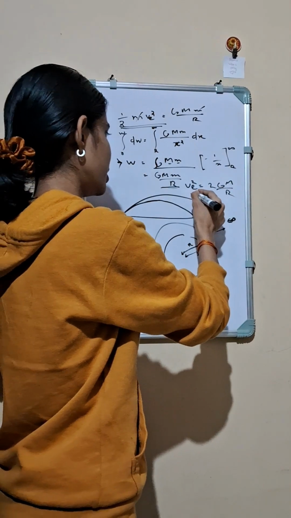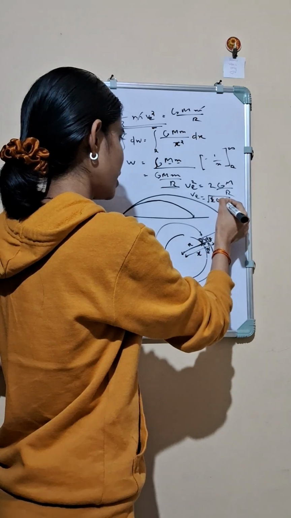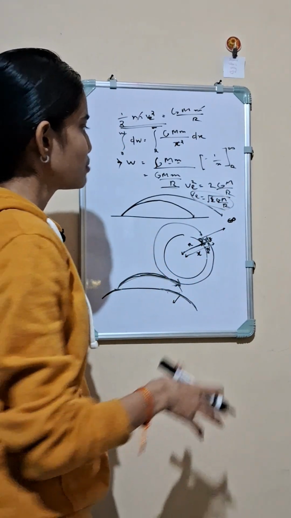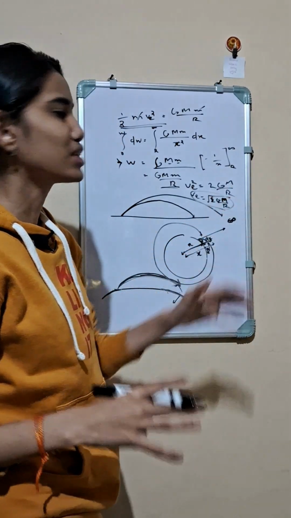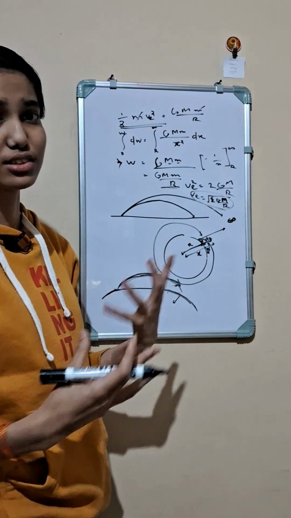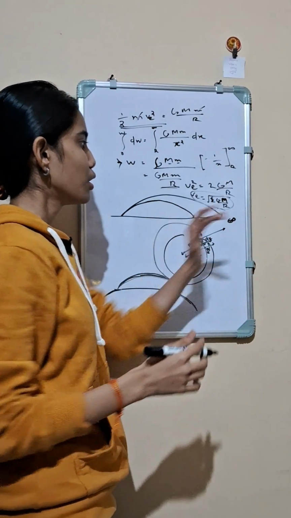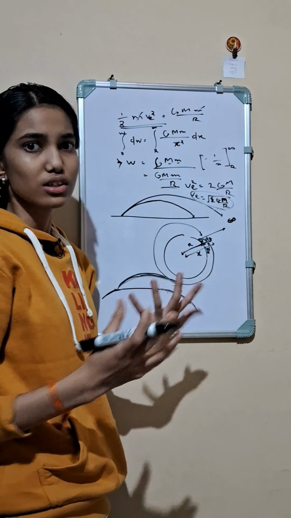So here v_e will be equal to under root 2GM by r. Note this formula down, because sometimes we will need to talk about the escape velocity of some other planets in some numericals. So this equation is useful when we talk about some other planets or stars or something else.